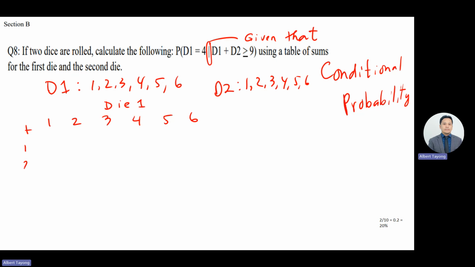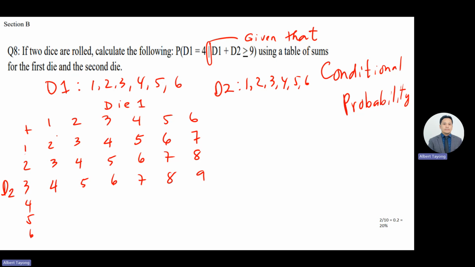This is plus. This is die 2 or D2. Then you add 1 plus 1 is 2, 1 plus 2, 1 plus 3, 1 plus 4, 1 plus 5, 1 plus 6. This is 2 plus 1, 3, 4, 5, 6, 7, 8. This is from 3 plus 1, 4, 5, 6, 7, 8, 9.